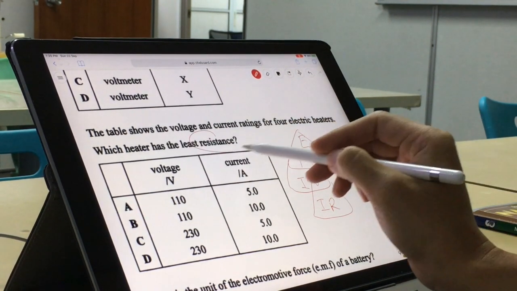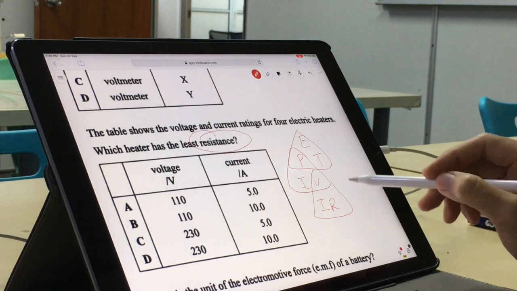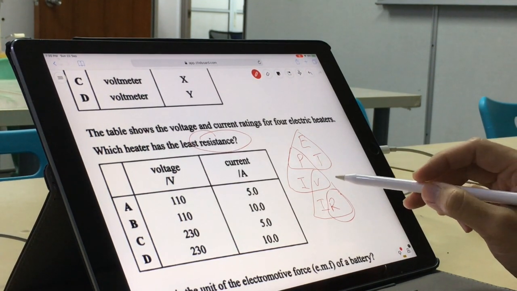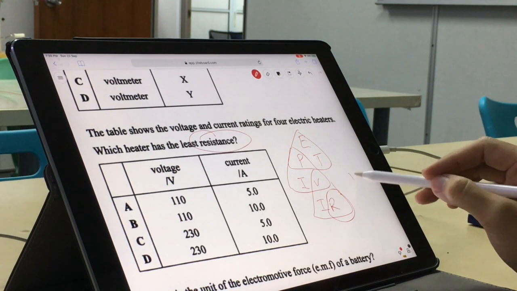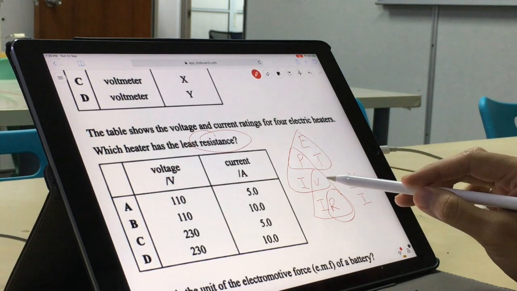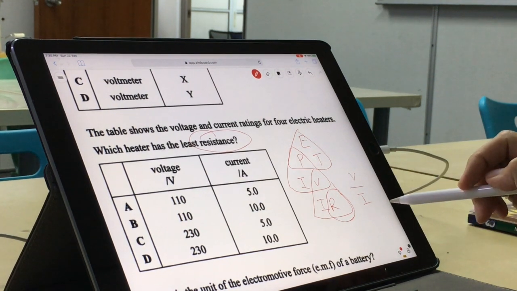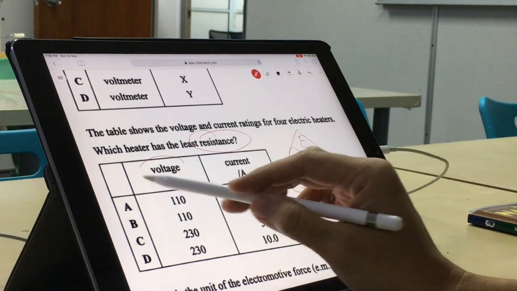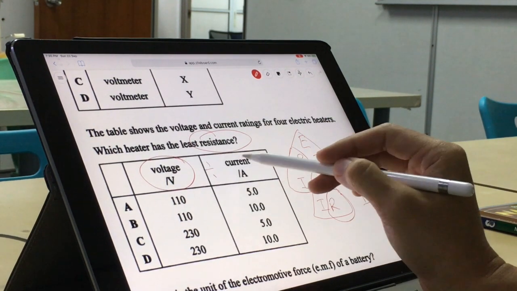I need to find resistance. That means I need to find R. So to find R, what do I do? Voltage divided by current. So you must take this divided by this.